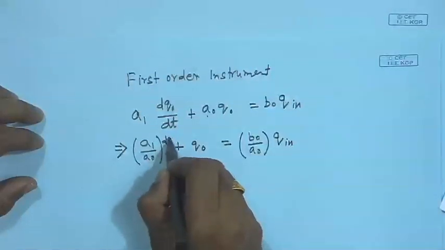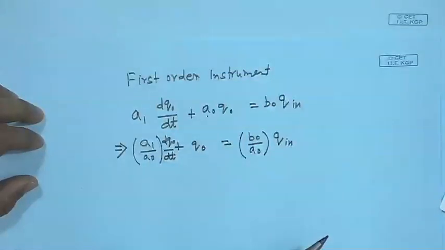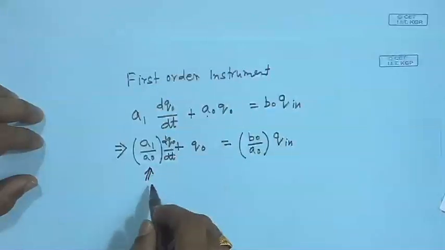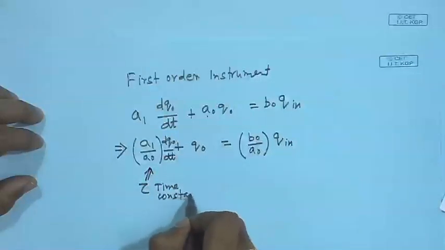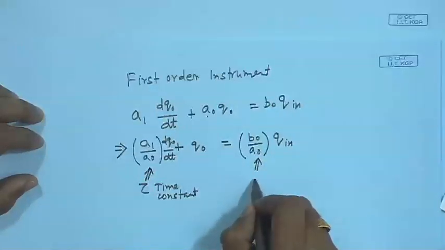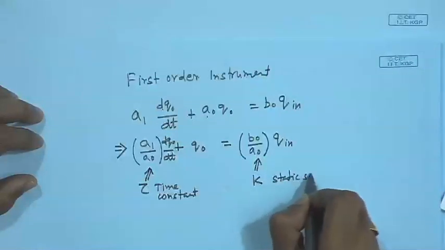We have forgot the dq0 dt term here. If you remember your class on process control, this actually gives time constant tau, whereas this is static sensitivity or gain.